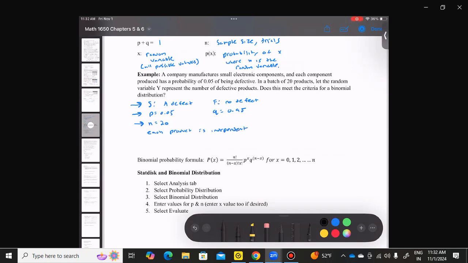So again, two choices, we have to be able to label success and failure, constant probability of success, fixed trials, and independence.